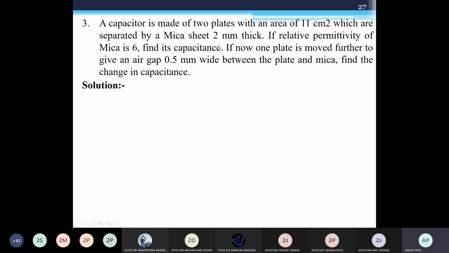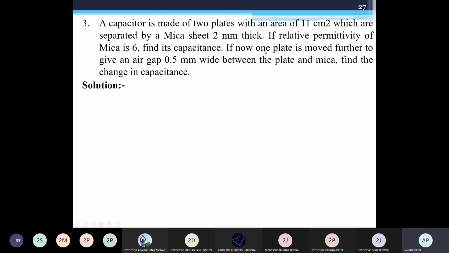So here two cases are given. In the first case, which dielectric medium is given? Mica. For mica, it is called uniform. We have only one type of dielectric medium, so it is called a uniform dielectric medium. Now we are adding this air gap along with the mica sheet.